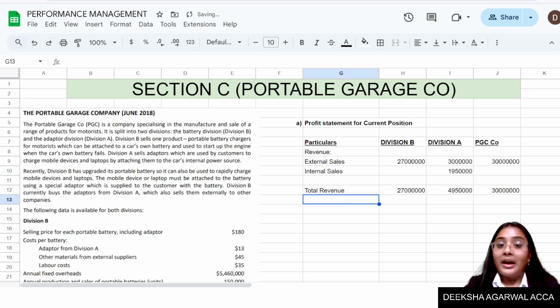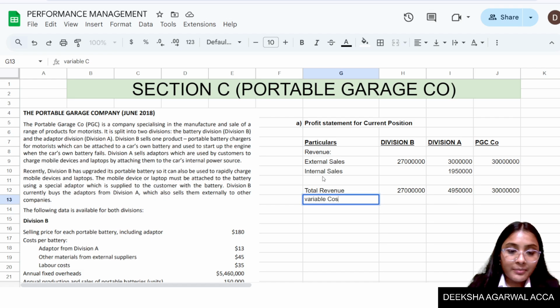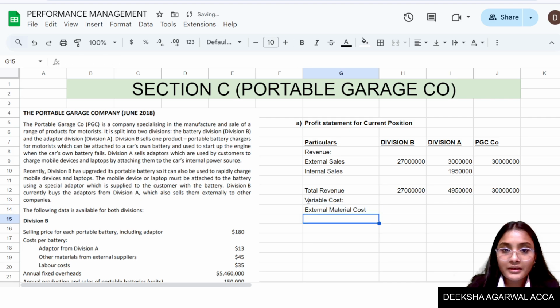Now, variable cost. Correct. Now let's calculate. Variable cost from external sales, internal transfer. Correct. Internal transfer cost.